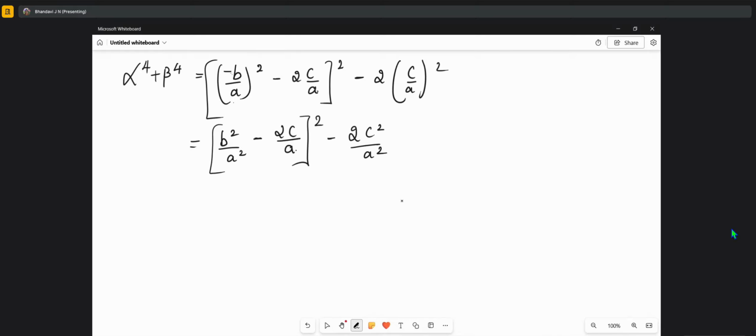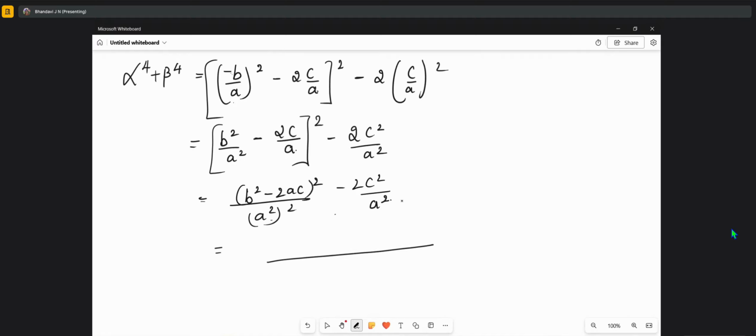Okay. Now try to simplify this. Here LCM will be a square, so you will get b square minus 2ac. LCM will be a to the power of 4 here. This a minus b whole square.